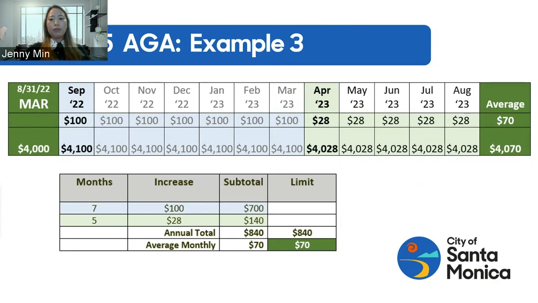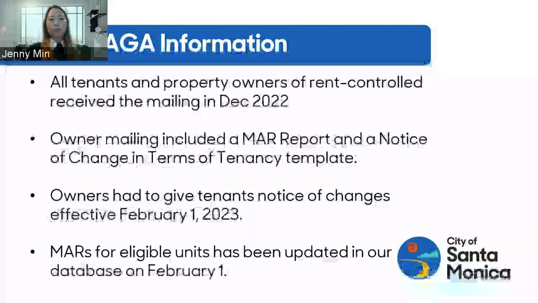Next slide. So all tenants and property owners of a rent-controlled unit received the mailing back in December 2022, and also a newsletter a couple weeks ago. The owner mailing included a MAR report and a notice of change in terms of tenancy template that you saw in the previous slide.